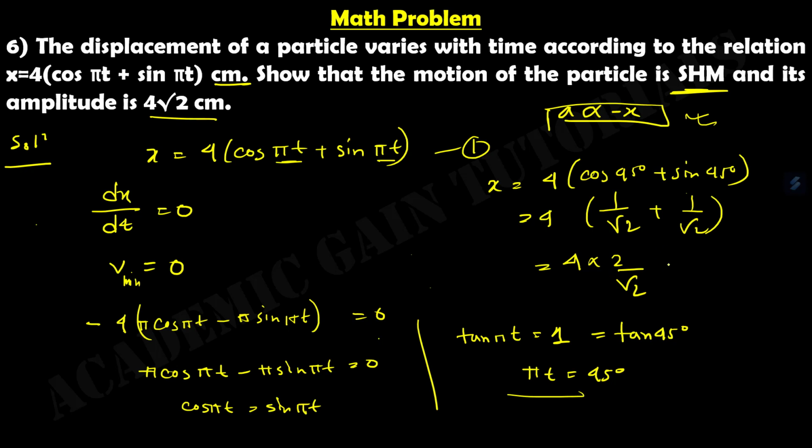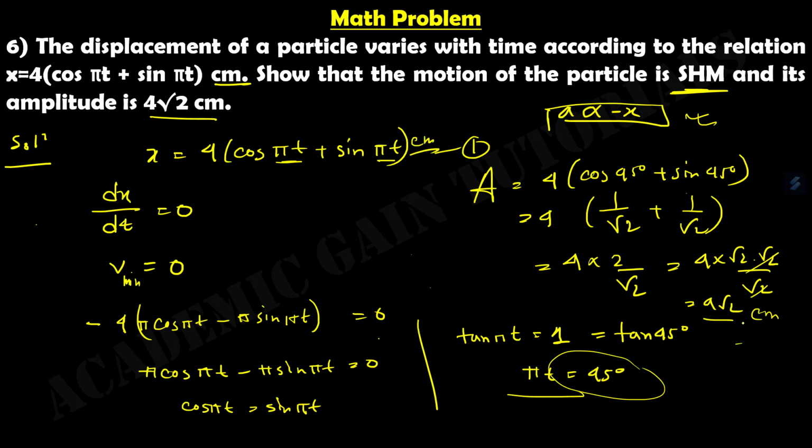If I cancel this, I will get 4 root 2. This is at maximum displacement, and maximum displacement is known as amplitude A. So we find that our amplitude A is 4 root 2 centimeter, because this term is in centimeters.